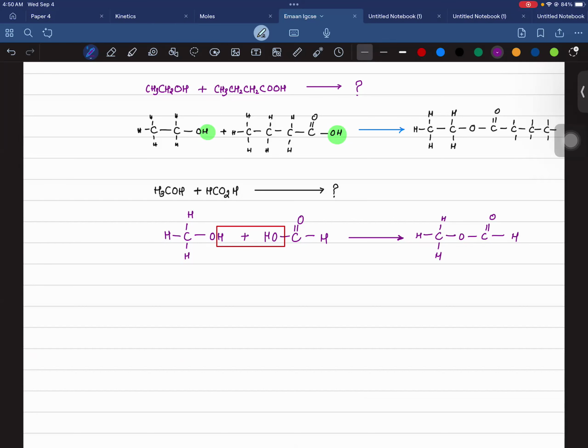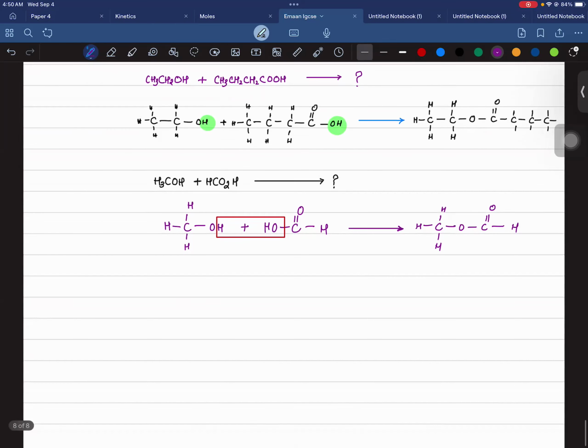Sir, what's wrong in this? Basically this is correct. The structure that you made is correct. No problem, whatever the order is.